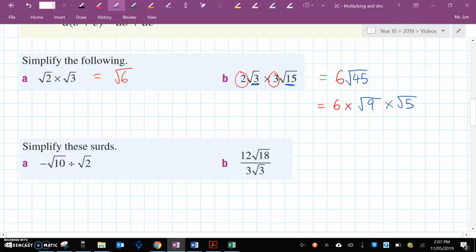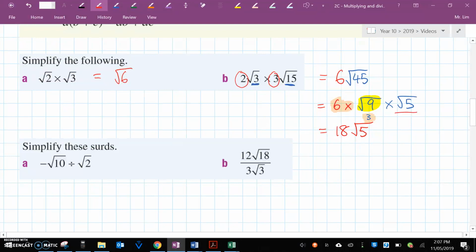Therefore, root 9 times root 5 is equal to root 45. What is the square root of 9? The square root of 9 is 3. Therefore, 6 times 3 is 18. And we have our root 5, so it's 18 root 5.